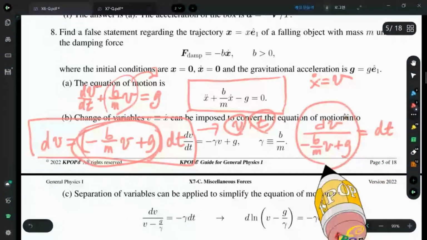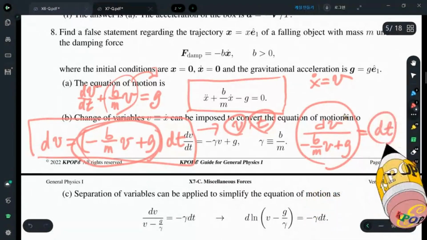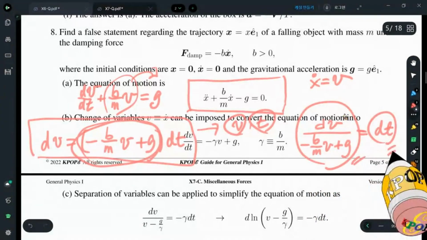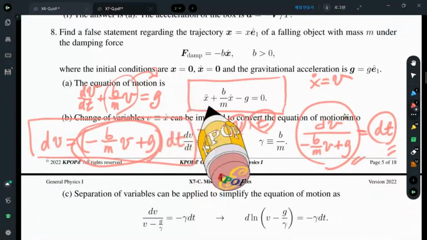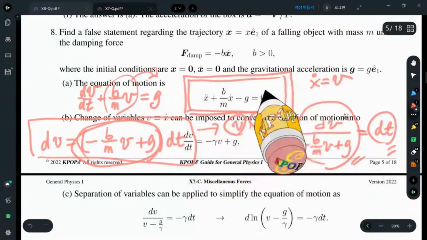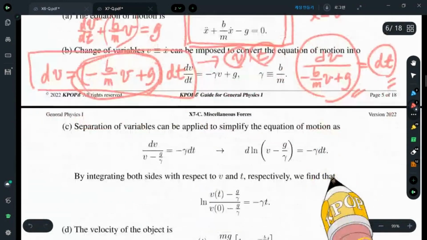Now, a high school student can integrate the left side, that is a log, and the right hand side is just a t. This is a trivial integral. So do not refer to differential equations. It is just the simplest equation of motion that can be integrated in an elementary way.